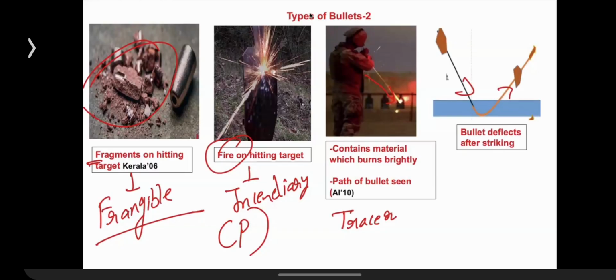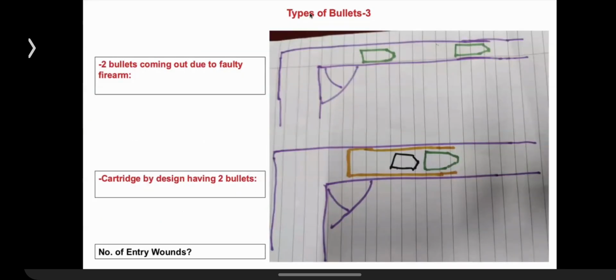Bullet deflects on striking, that is ricochet bullet. Two bullets coming out together due to faulty firearm: the first one doesn't come out initially, and then when the second one is fired, it comes out.